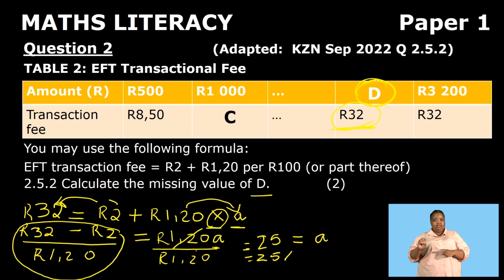So we're going to multiply this by 100. So remember, when we are looking for the number of notes, we divide by 100. So in this case, we have the number of notes, we are looking for the amount. So we multiply by 100. So our value of A would be 2,500.